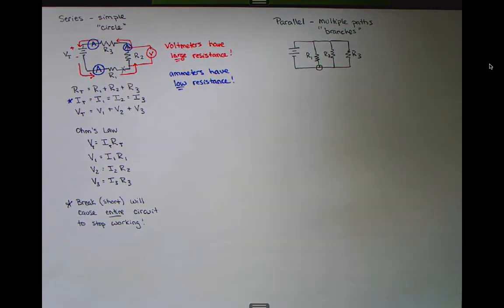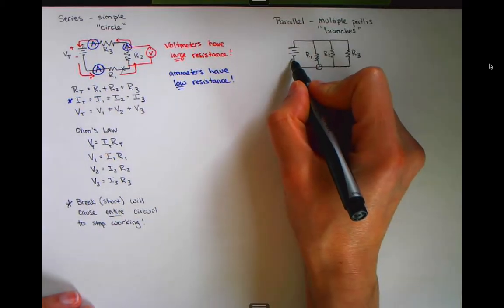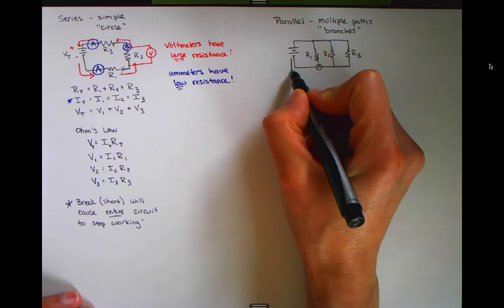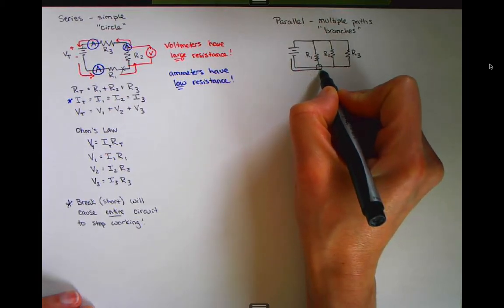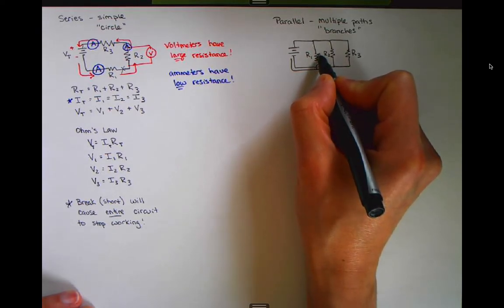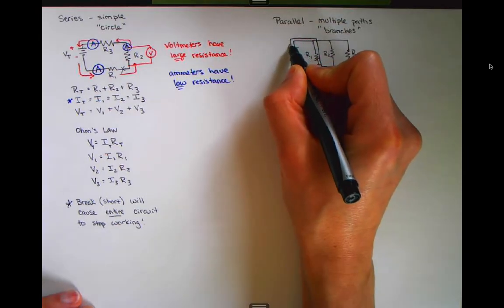So let's look at the current. Now I'm going to use 3 different colors to show you how current will travel. Let's follow, for instance, we'll call this the black current. It's going to leave the negative side of the battery, travel this way, and at this point, I'm going to say that this is going to go through R1. So it's going to travel up through R1, and then it will go back to the battery.